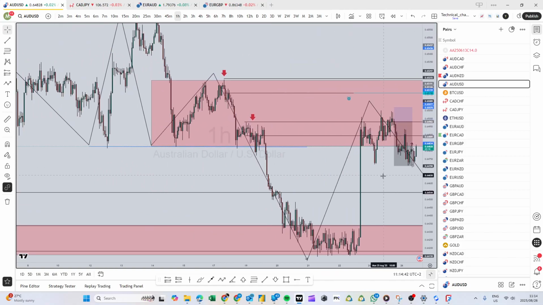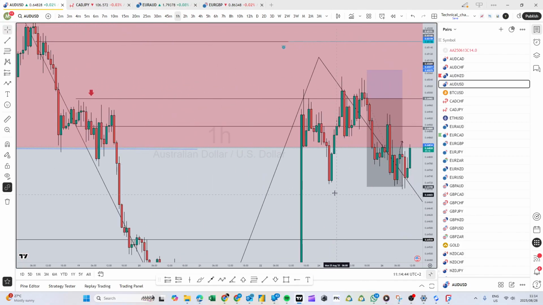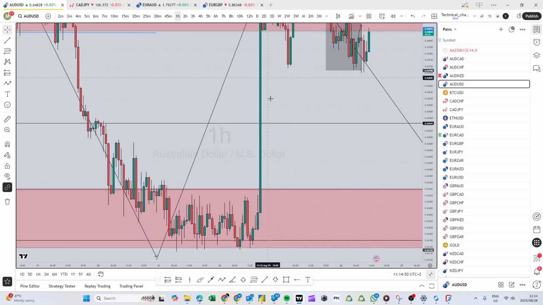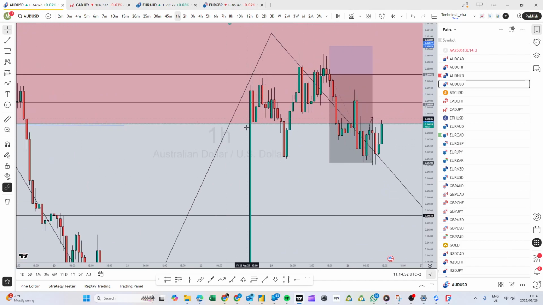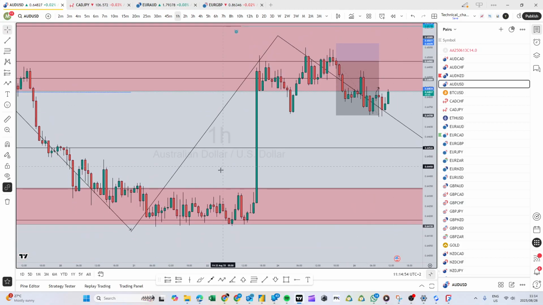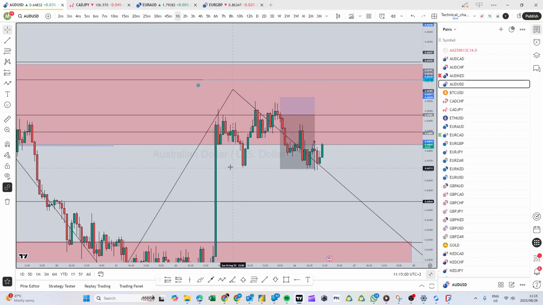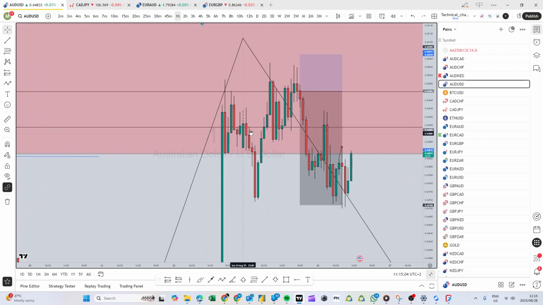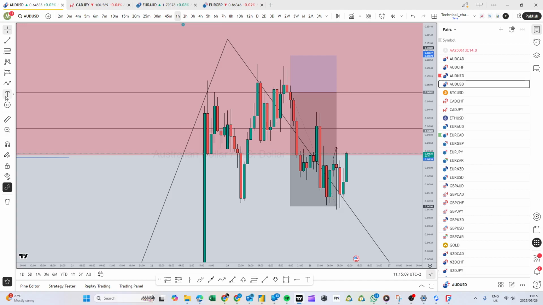And how that worked out was, from here you can see we had this strong push up, so this was an indication of bias in the market. When the market got up here, I was expecting an aggressive move to the downside, but then we never got that.